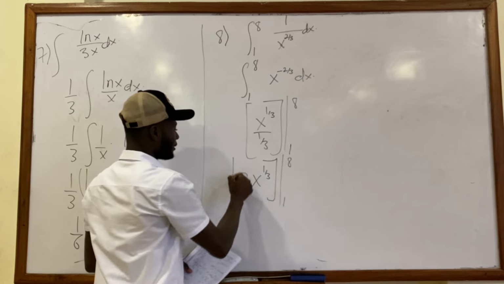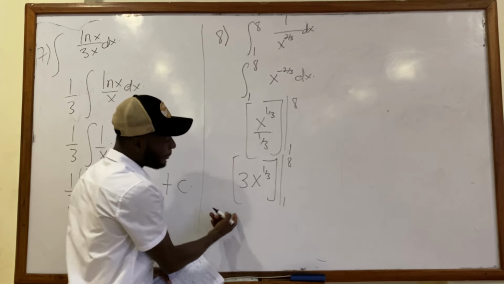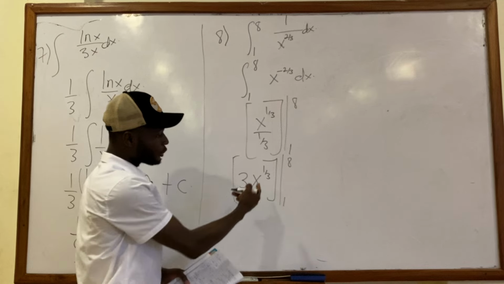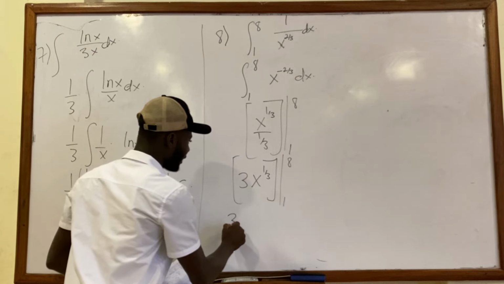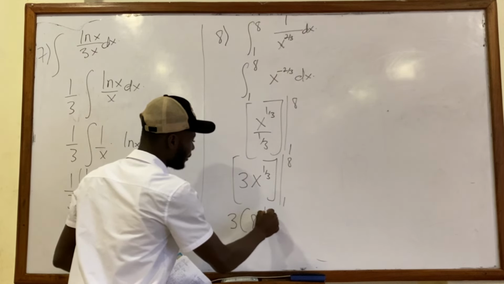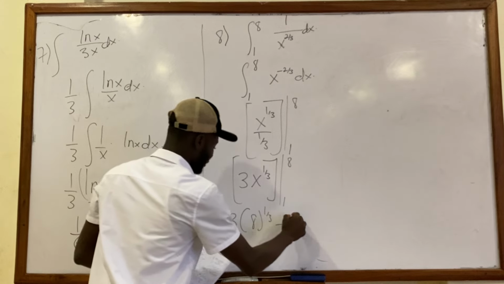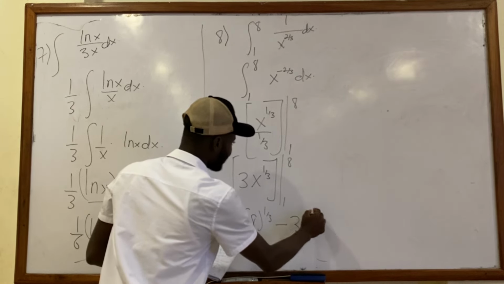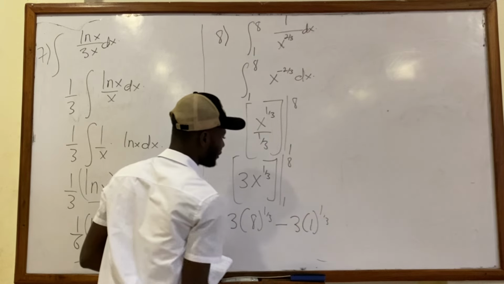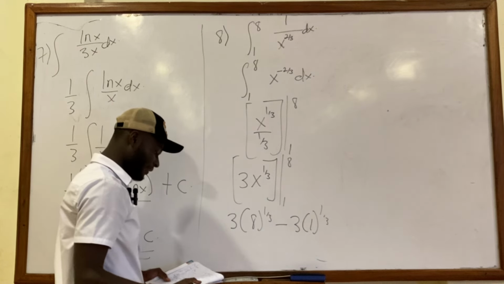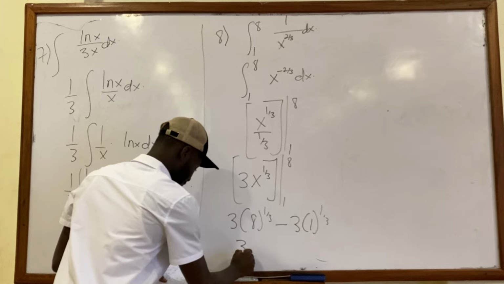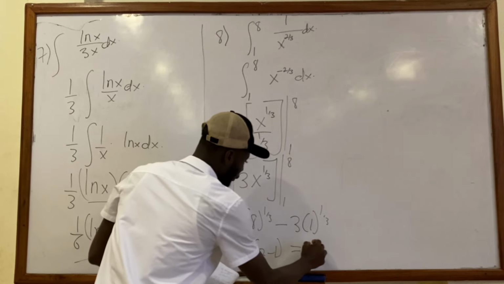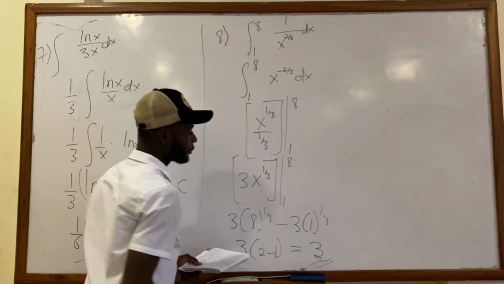Now, let's plug in the limit into the function. So we have 3 into 8 power 1 over 3 minus 3 into 1 power 1 over 3. All right, so this simplifies to 3 into 2 minus 1, and that is equal to 3.